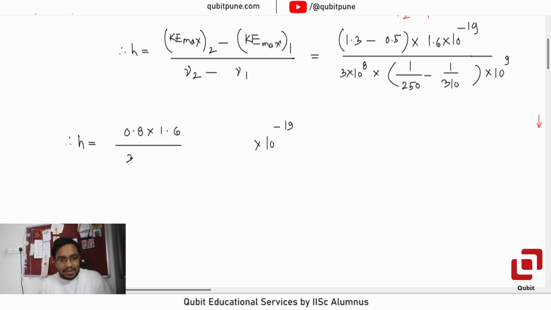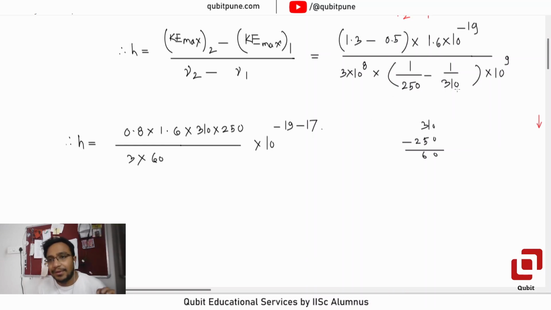So this is 3 here, 3 here, 10 raised to negative... now look, this is 8 and 9, so that is 17. So this is right away minus 17. Now here it is 310 minus 250, which is 60. And then in the numerator we must take 310 into 250.